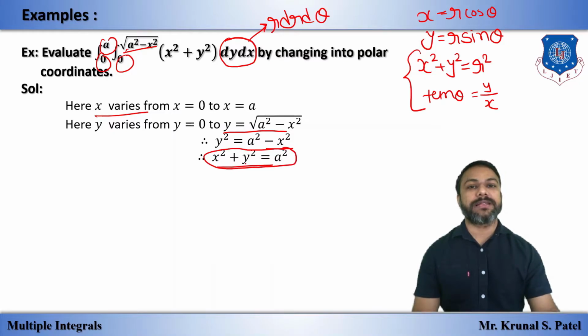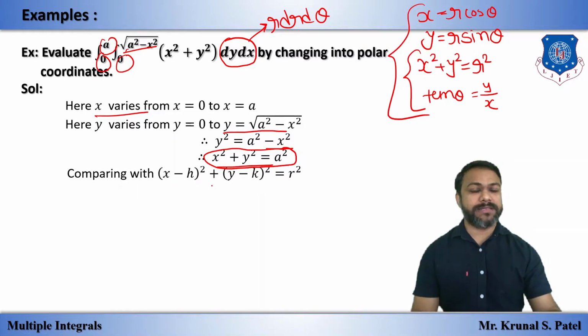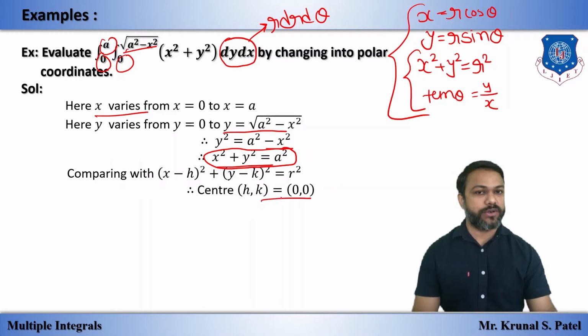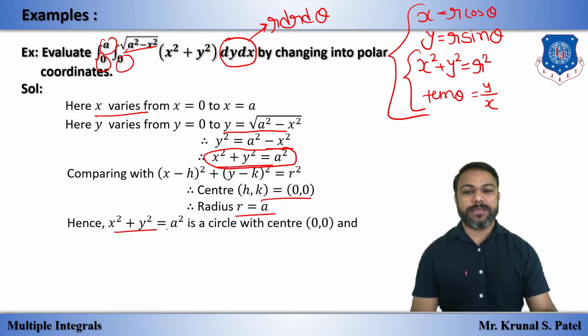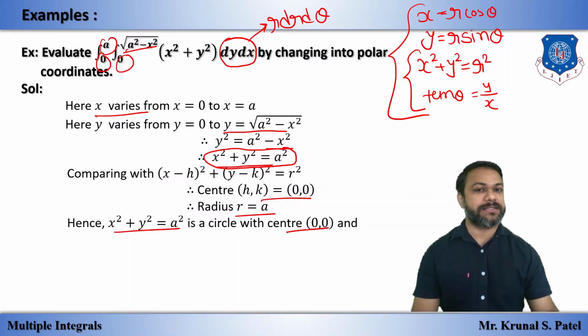And we can convert this equation into polar form by putting in the transformation which we have. Okay, so this is the circle. If we compare with the standard form, the center is 0 0 and the radius is r equal to a. So this is a circle with center 0 0 and radius r equal to a.